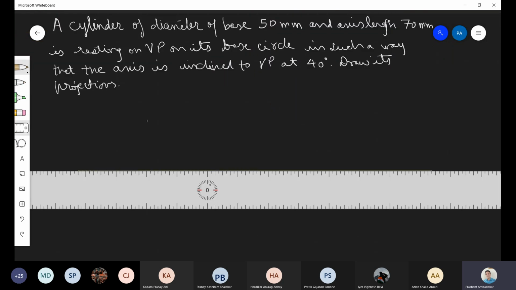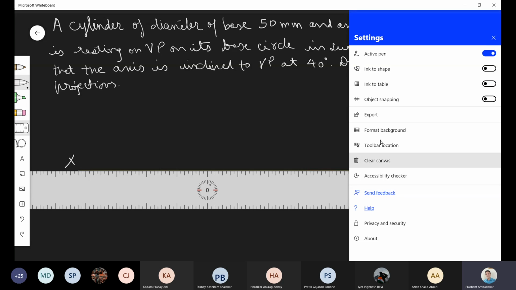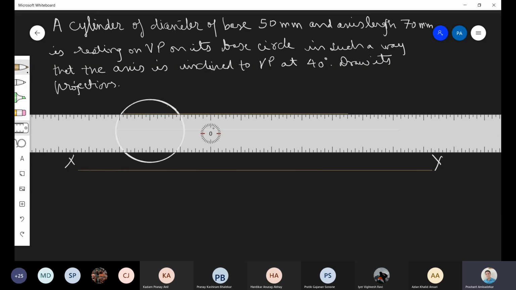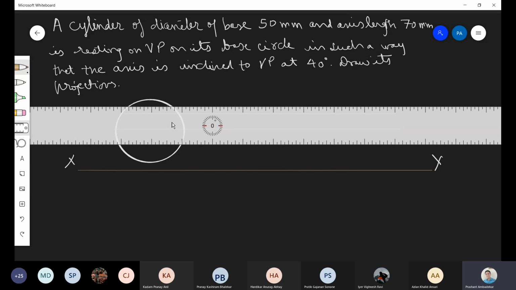So I will start with the XY line. Then I can write this is X and this is Y. Then I will draw a circle here. Dividing the circle into 12 parts.